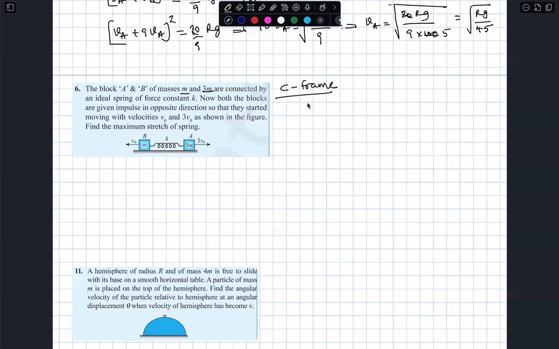In the C frame, what is the meaning of maximum elongation? V relative is equal to 0 at the maximum elongation state.